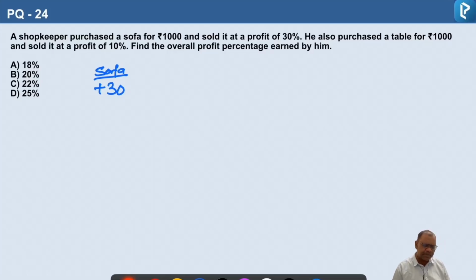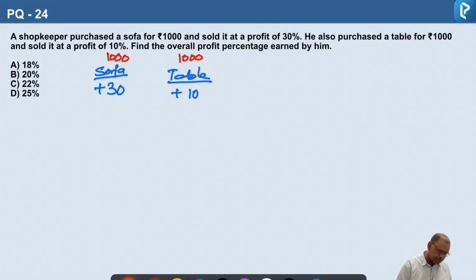Next, he purchased a table for again 1000 rupees and sold it at a profit of 10%. Then again table, so he sold at a profit of 10%, again plus 10. So both he purchased for 1000 rupees.